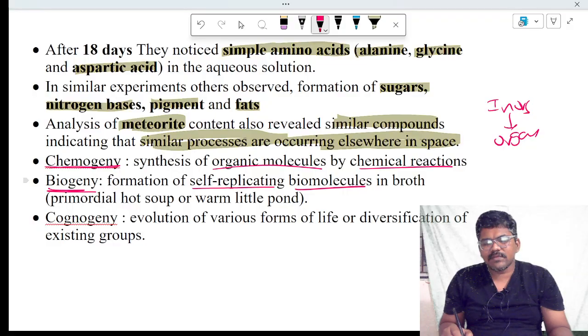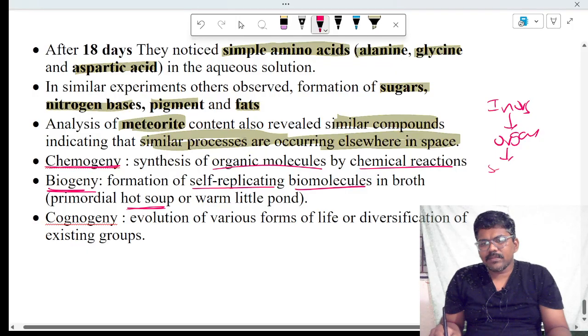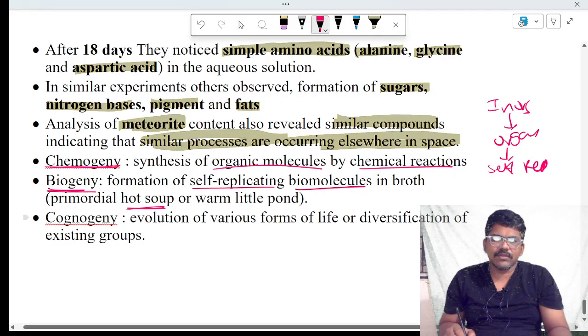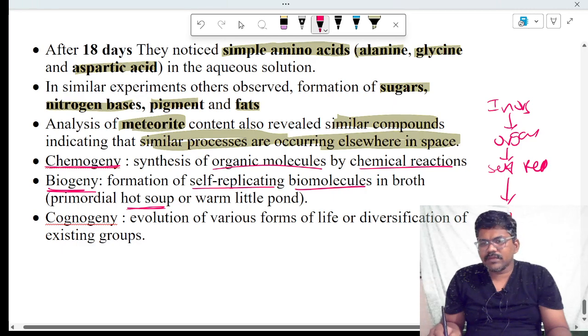Broth means the first life formed in water, called a hot dilute soup. Conversion of this organic complex into self-replicating forms is called biogeny. Then the self-replicating organisms evolved into different types of organisms, which is called cognogeny.